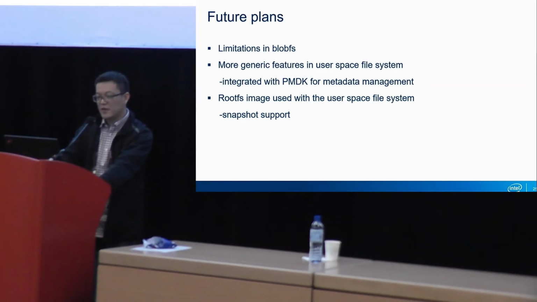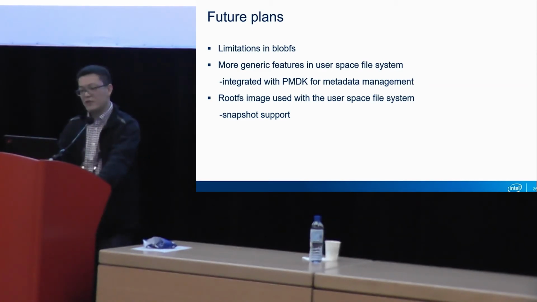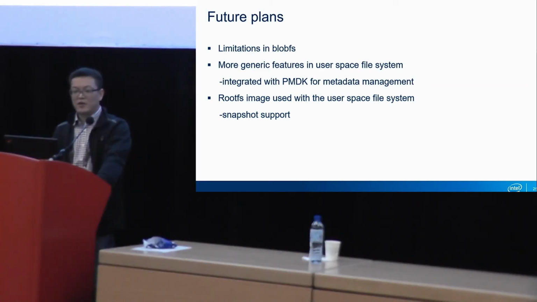For this part, we have two choices for now: we can enable it in the blobstore layer, or we can enable it in the file system layer. But for this part, we are doing some research for now.